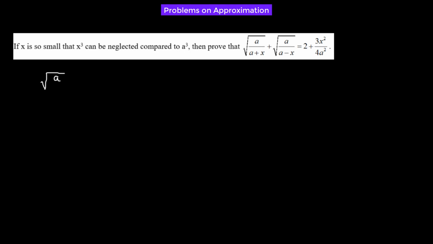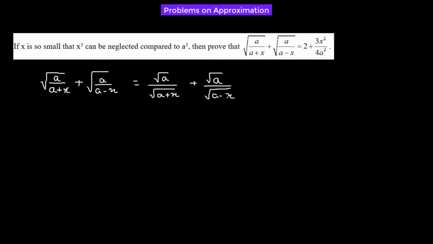So we have square root of a over a plus x added to square root of a divided by a minus x. So we can write it as square root of a divided by square root of a plus x plus square root of a divided by square root of a minus x.